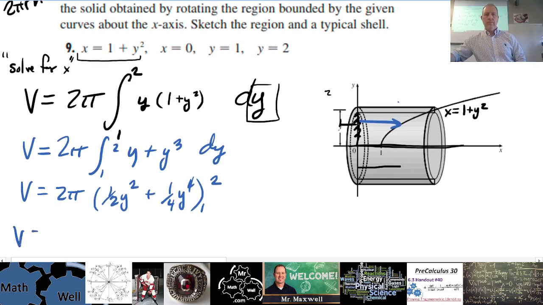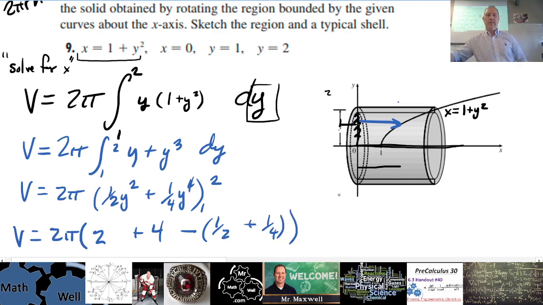So 2 squared is 4, 4 over 2 is 2, plus 2 to the 4 is 16, over 4 is 4. So 2 plus 4 minus 1 squared is 1, so that's 1/2 plus 1/4. So we're going to subtract those two things.